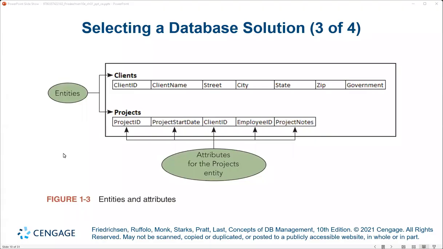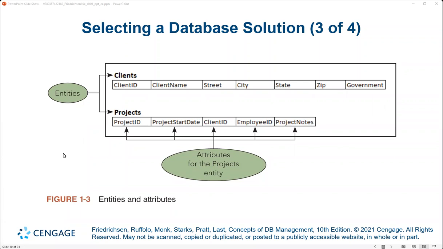And so here's a look at the entities and their associated attributes, right? Rows versus columns again. The attributes being the columns, in this case of the clients, we have client name, street, city, like I mentioned. And with the projects, we've got project start date, client ID, employee ID, and project notes.